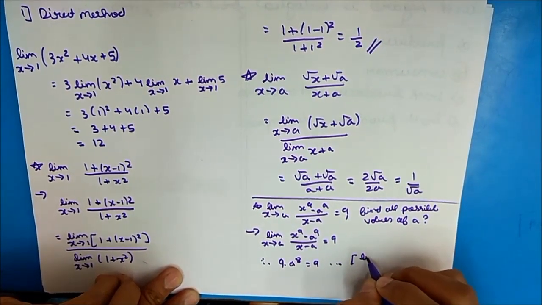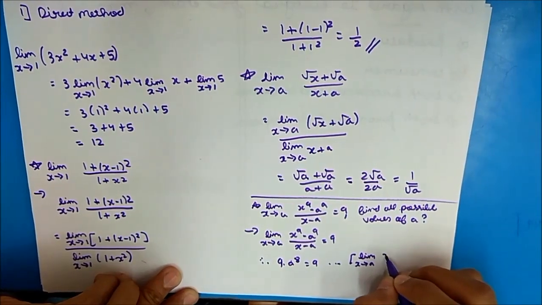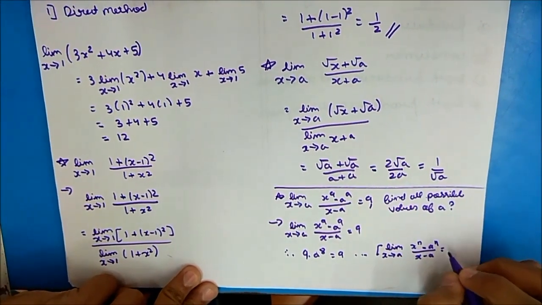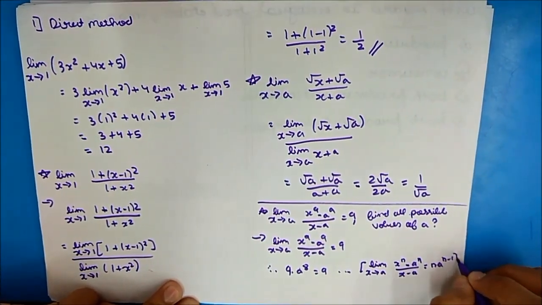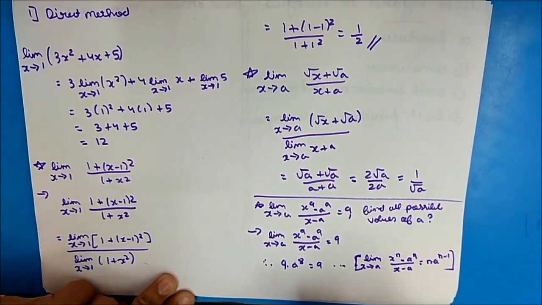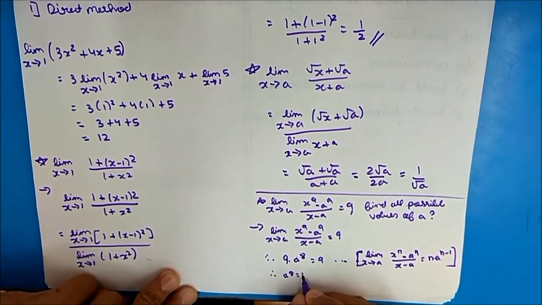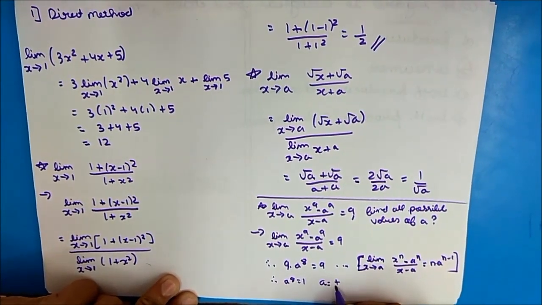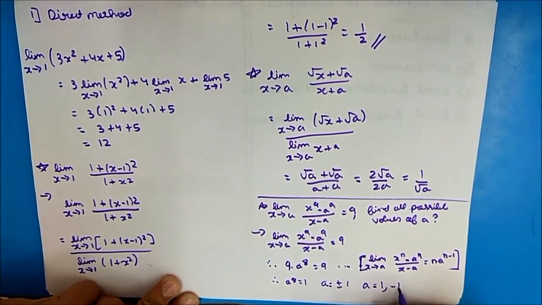That is, limit x tends to a, x raised to n minus a raised to n upon x minus a is equal to n a raised to n minus 1. We have used this identity here. Therefore a raised to 8 is equal to 1, a is equal to plus or minus 1. So a will have value plus 1 or minus 1.